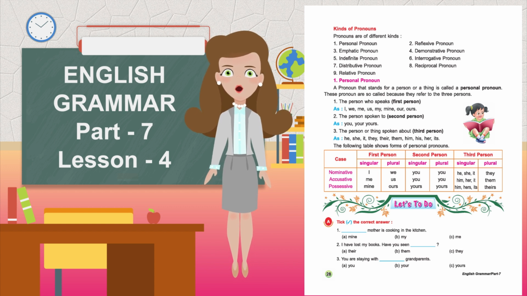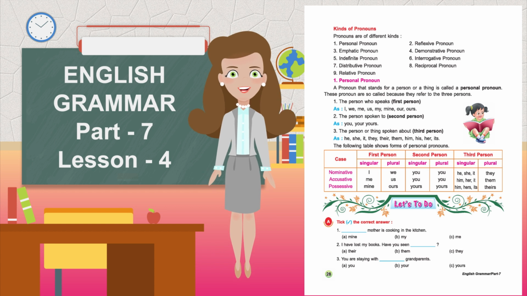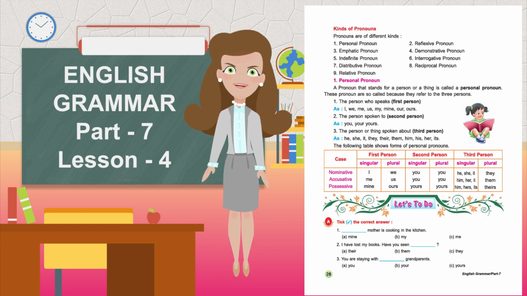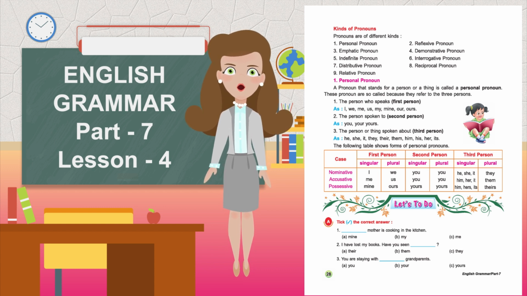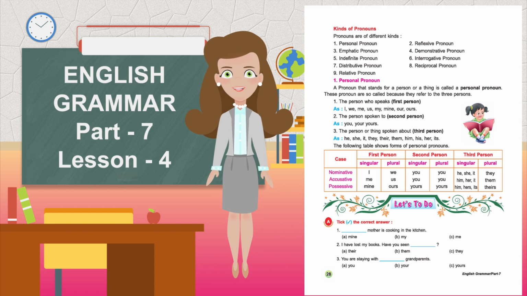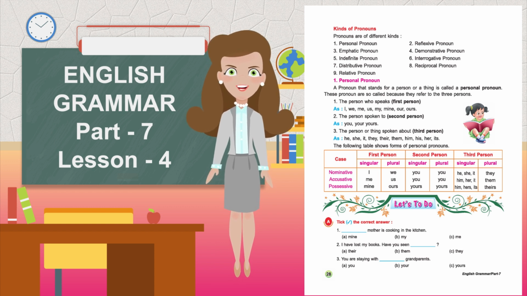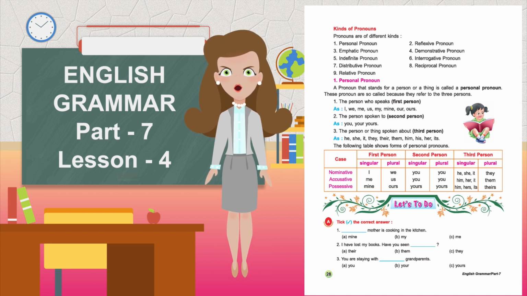Second person singular you, plural you. Third person singular him, her, it, plural them. Case: possessive. First person singular mine, plural ours. Second person singular yours, plural yours. Third person singular his, hers, its, plural theirs.